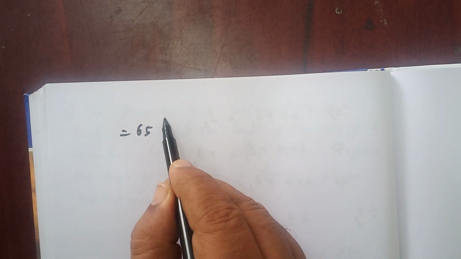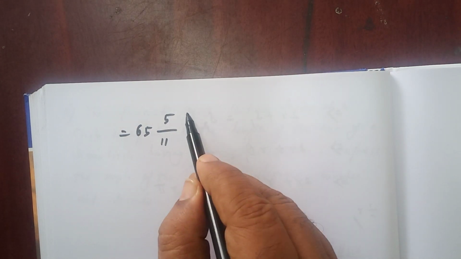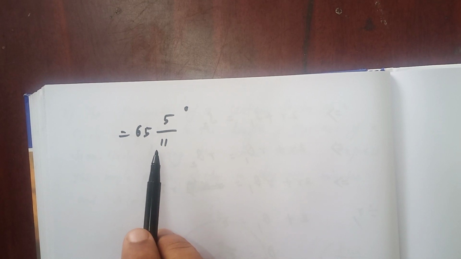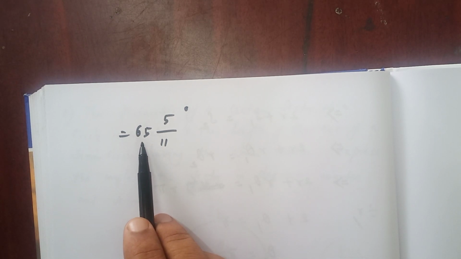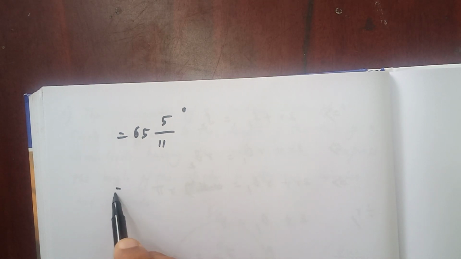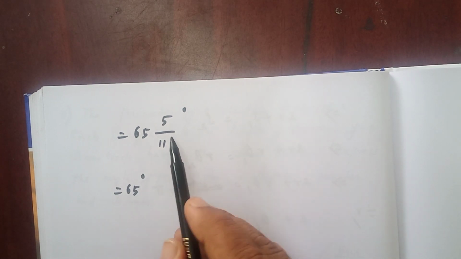Write the quotient first, then the remainder by divisor, degrees. 65 is the quotient, 5 is the remainder, 11 is the divisor. That is 65 degrees.